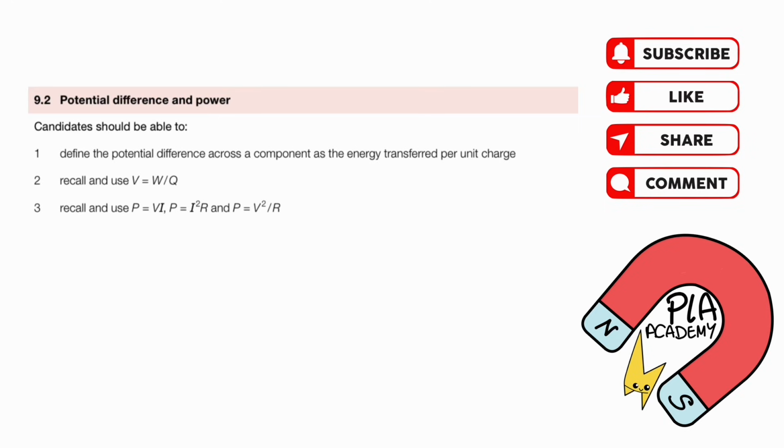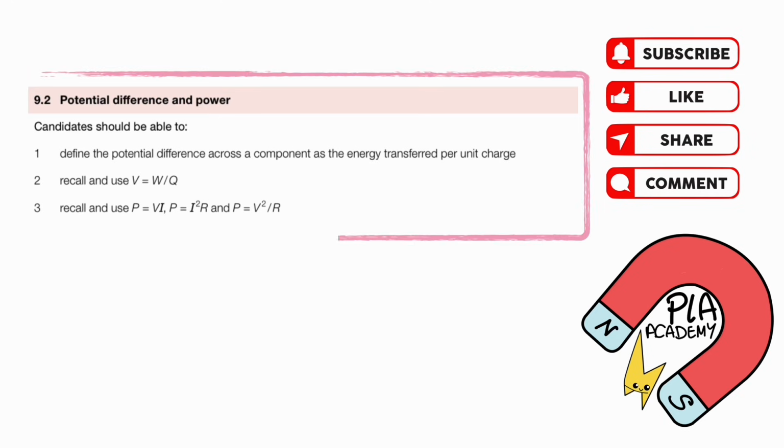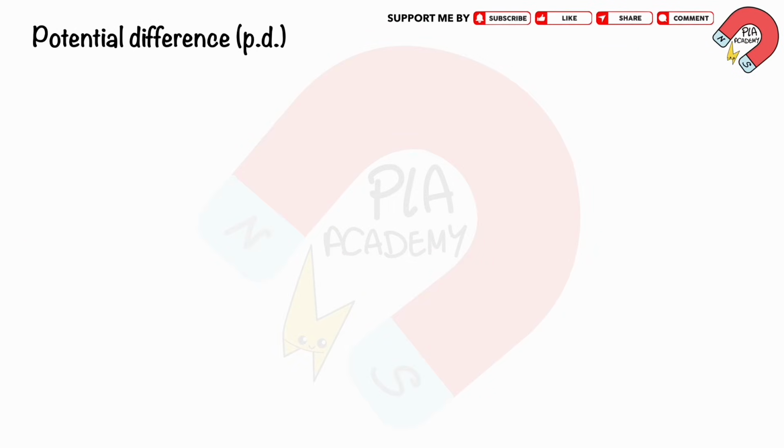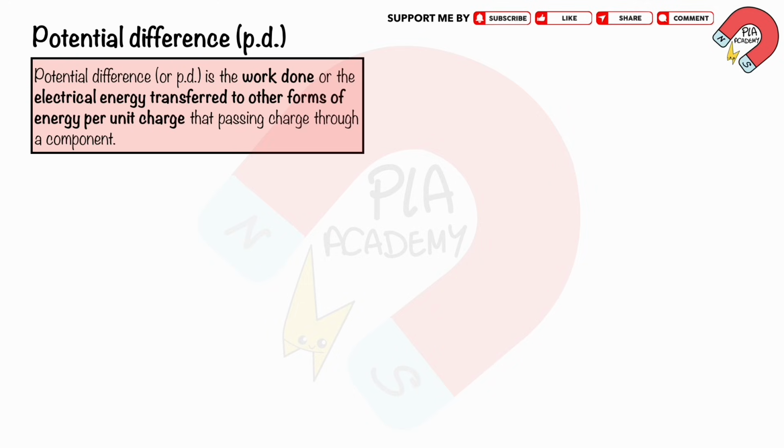In this video, I covered everything on the syllabus, like you can see in the figure. Potential difference, or PD. The potential difference is sometimes called voltage. The potential difference is the work done, or the electrical energy transferred to other forms of energy, per unit charge passing through a component.